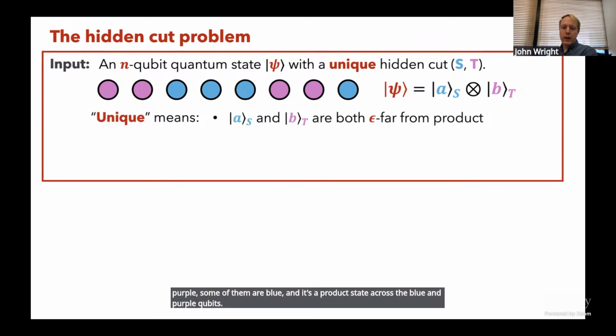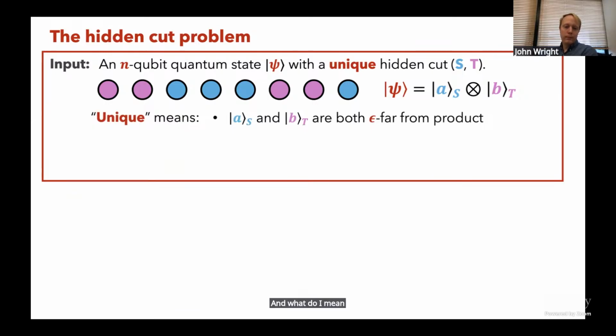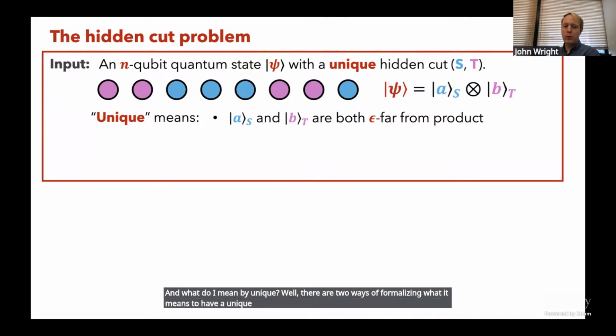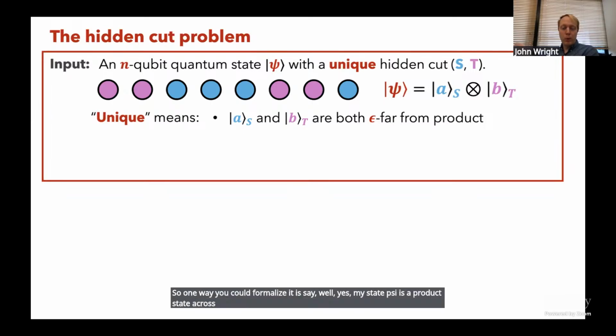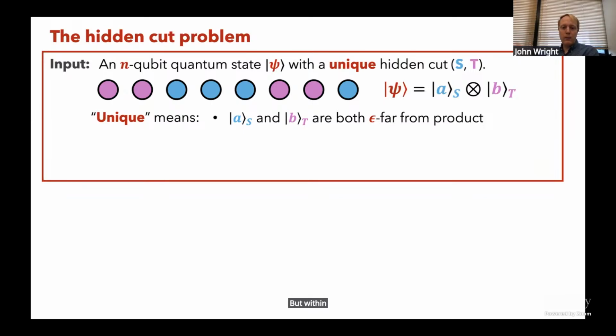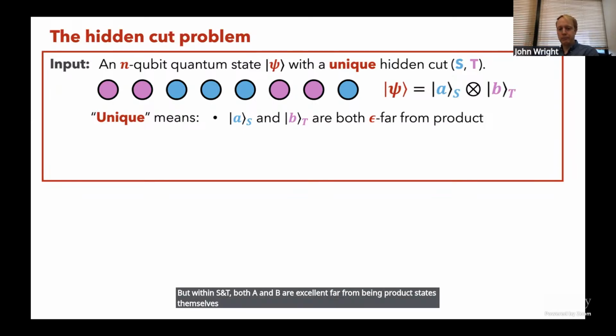And what do I mean by unique? Well, there are two ways of formalizing what it means to have a unique hidden cut, and they turn out to be equivalent. One way you could formalize it is to say, yes, my state psi is a product state across S and T, but within S and T, both A and B are epsilon far from being product states themselves across any cut.